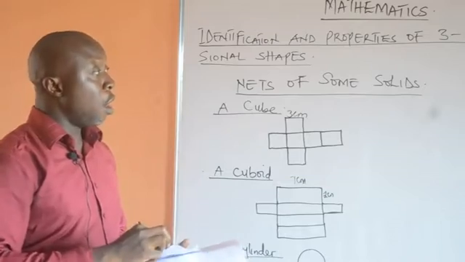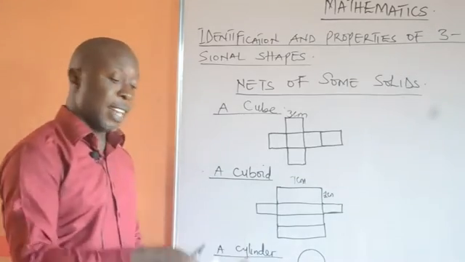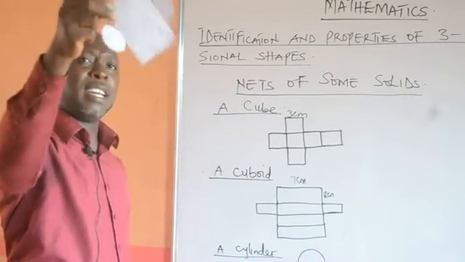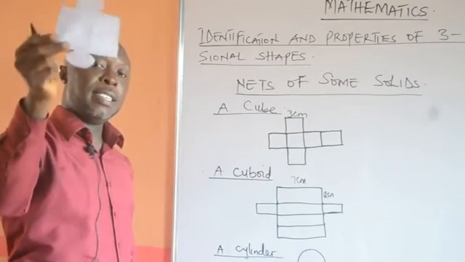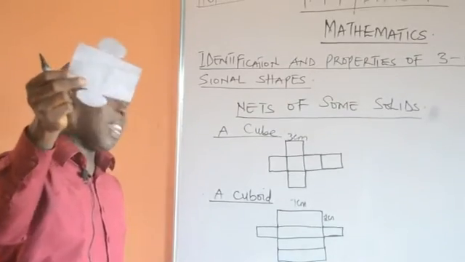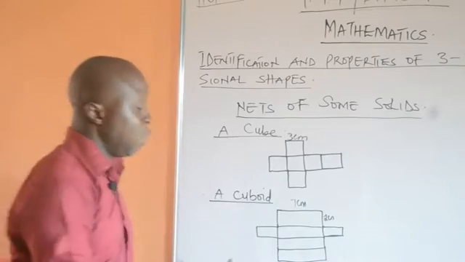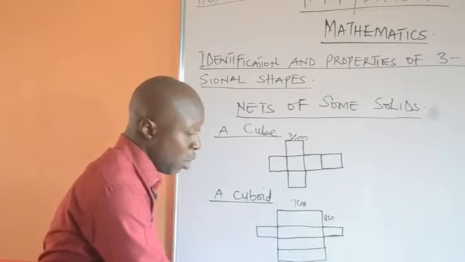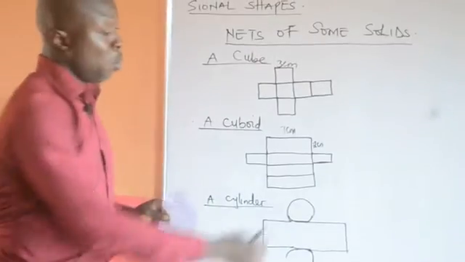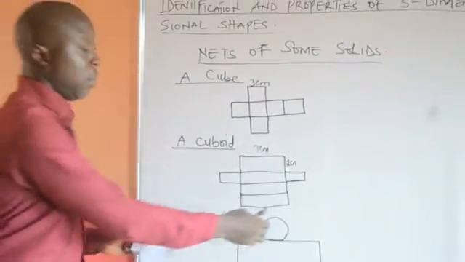shape of a cylinder. The one I'm holding in my hands right now is the shape of a cylinder. You get a carbon paper, cut it into a rectangular form with 2 circles by the side.